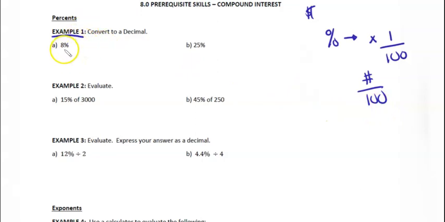So 8%, again, as soon as we see that percent symbol, we do 8 divided by 100. And when you throw that into your calculator, we get 0.08. Okay, in the questions that we're going to be doing in this unit, when we talk about a percentage, we cannot use 8 in the equation.